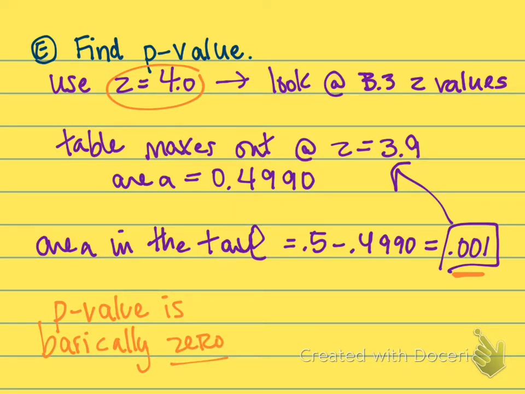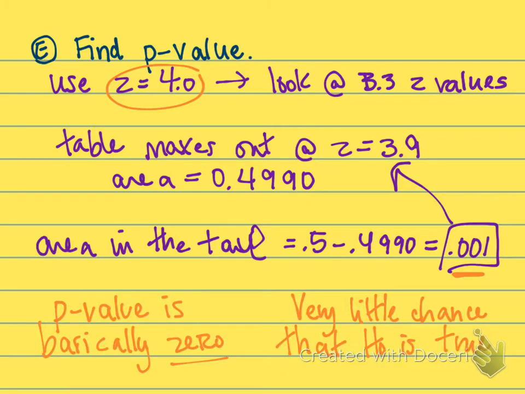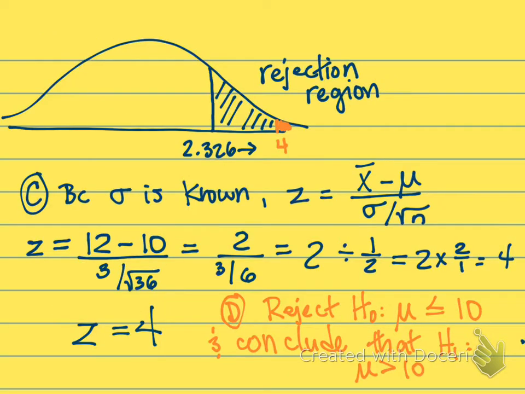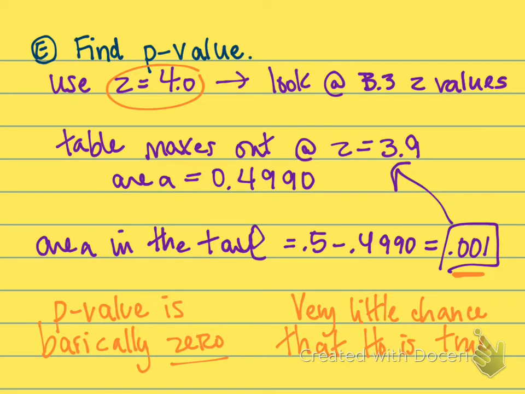That tells us our final conclusion is there is very, very little chance that that null hypothesis is true. So most likely we're going to go with the population mean being a value greater than 10. Okay? Hopefully this helps, and again, look for a couple more examples to follow.